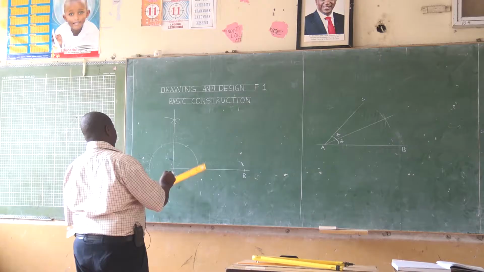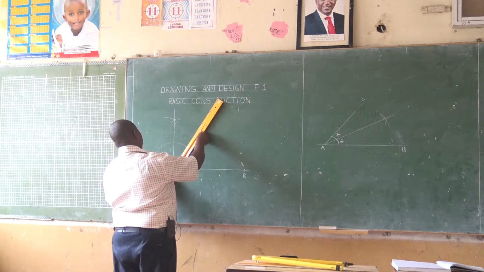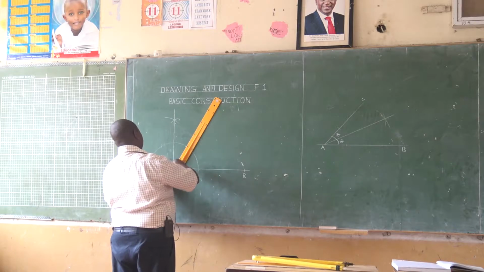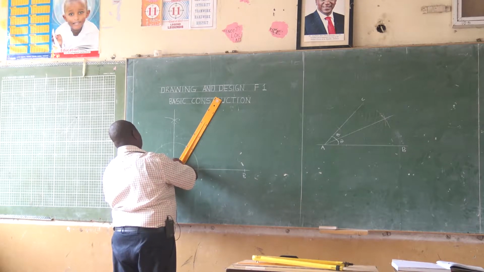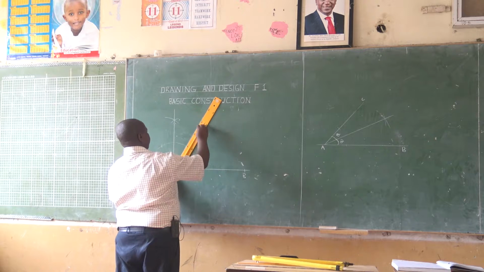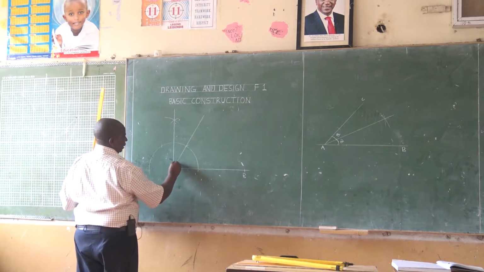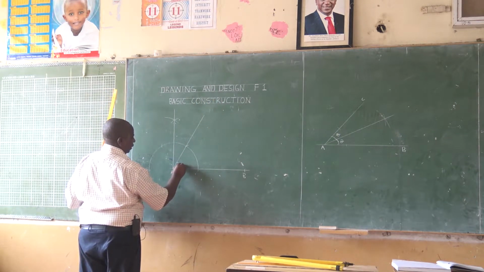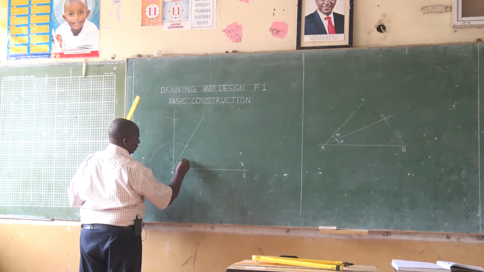If from the original line you join it through with the first arc, the angle formed is equal to 60 degrees. So that angle is 60 degrees.